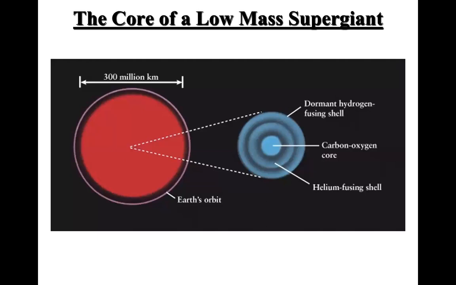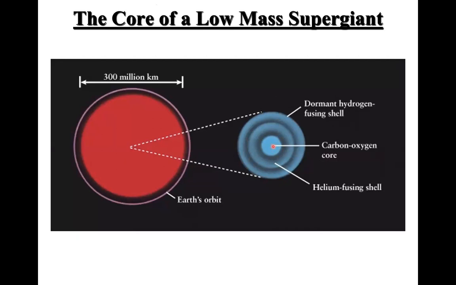And if you look at this from a diagram, this is in fact how it looks when you have a star in the supergiant phase, for a low mass star. At the central region you have a carbon oxygen core.